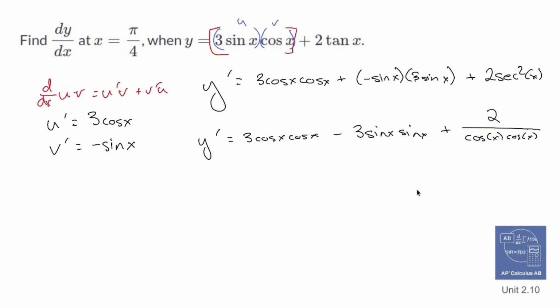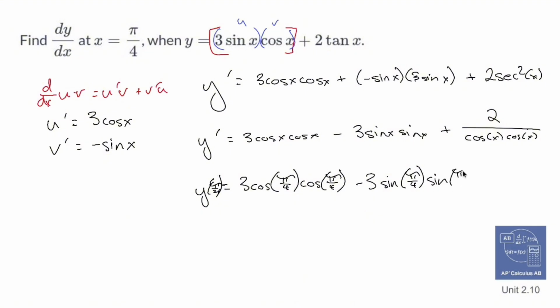All right, when I plug in pi over 4, y prime of pi over 4 is going to be 3 cos pi over 4 cos pi over 4, minus 3 sine pi over 4 sine pi over 4, plus 2 over cos pi over 4 cos pi over 4.